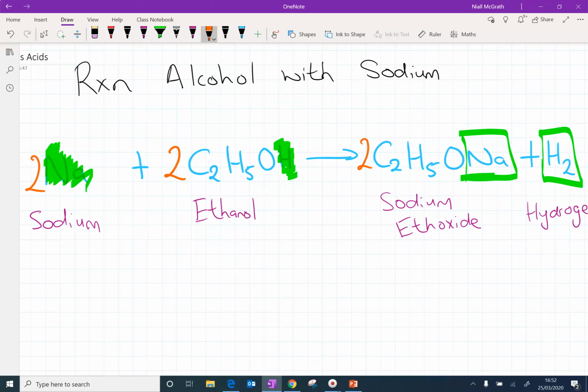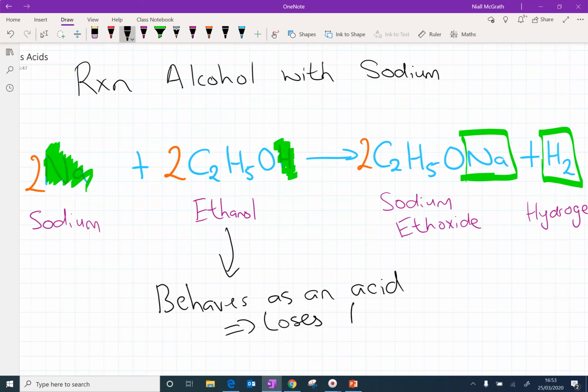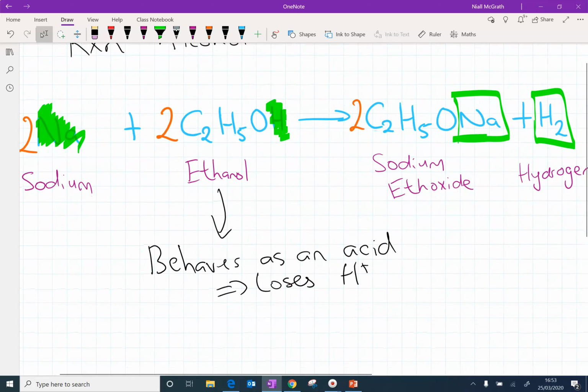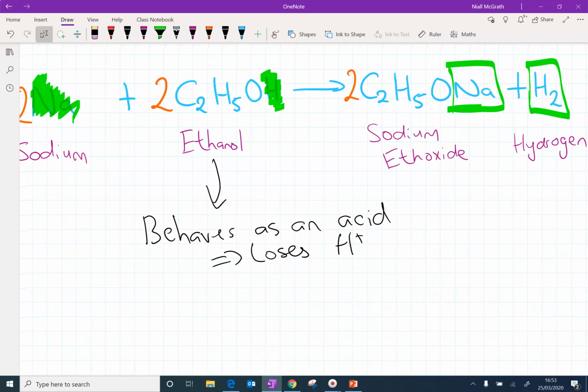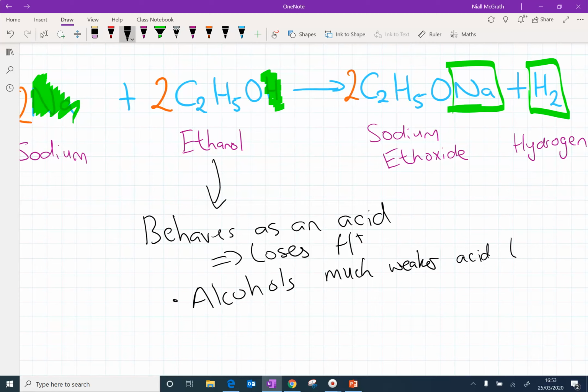So this ethanol here, we can say it behaves as an acid because it loses H+. Okay, alcohols are actually much weaker acids, even than water.